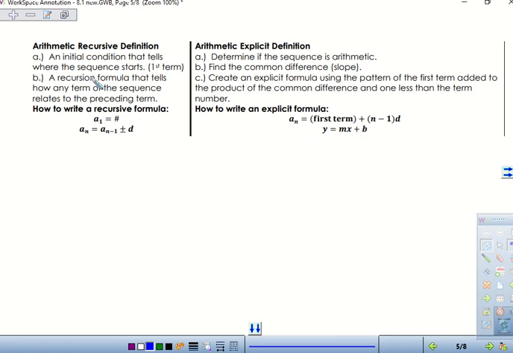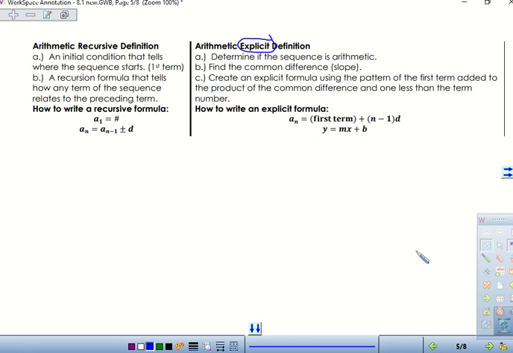Thank you. Recursive formula tells how any term in the sequence relates to the preceding term. So basically the main idea here is that you take the term before and add d to it, okay? And the reason it's plus or minus is because technically when you add a negative, it's the same thing as subtraction. So an arithmetic explicit definition. So the main thing you need to know is explicit is way more useful, because explicit can help you find any term in a sequence if you have the formula, okay?